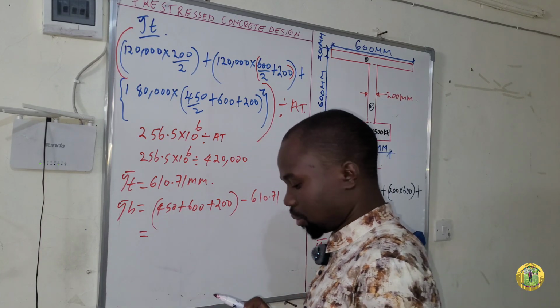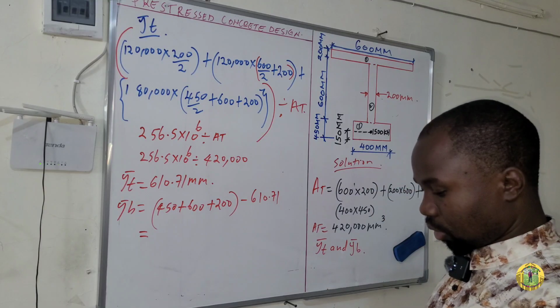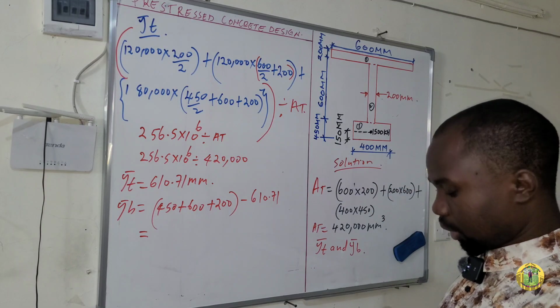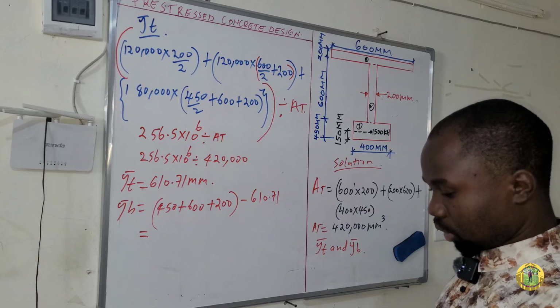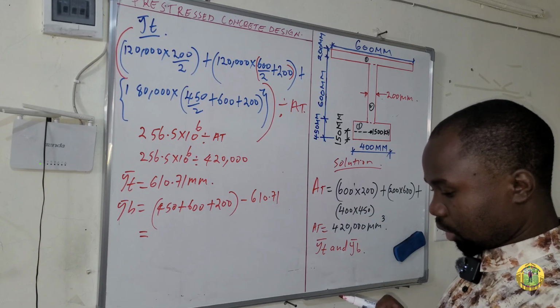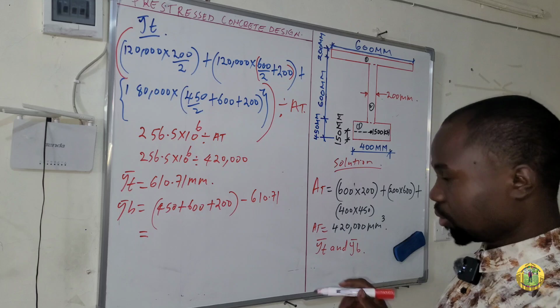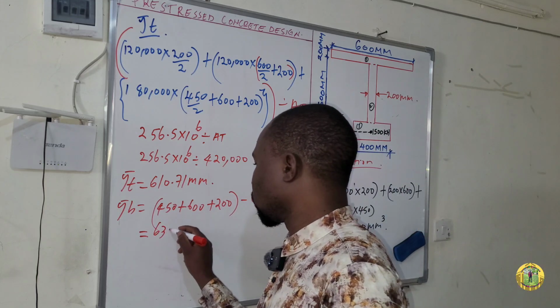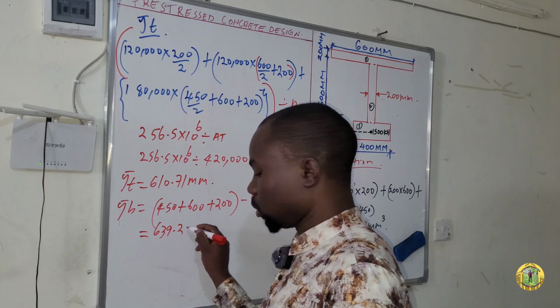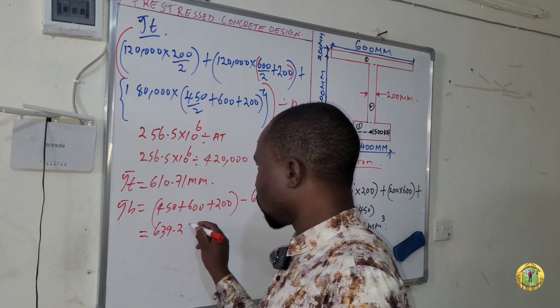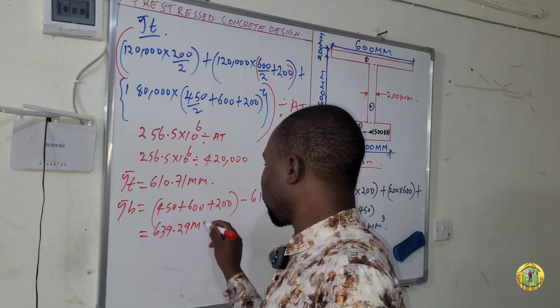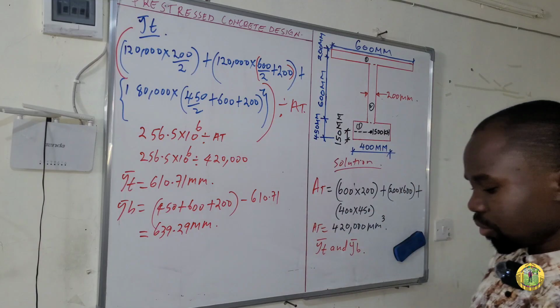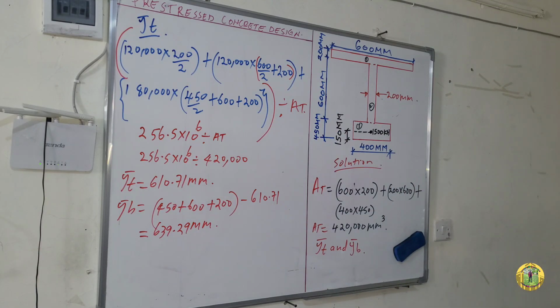So this one will be 450 plus 600 plus 200 minus the answer, which is 639.29 millimeter. So our y bar bottom is 639.29 millimeter.